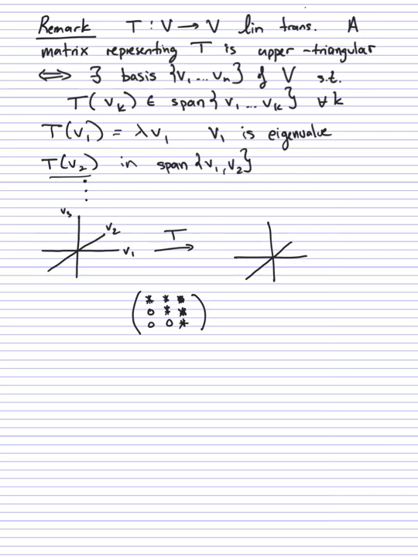Okay, so if I plug in v_1 into this matrix, that's like looking at (1, 0, 0), and this is (star, 0, 0). Okay, so v_1 is an eigenvector, so it gets sent to some multiple of itself.